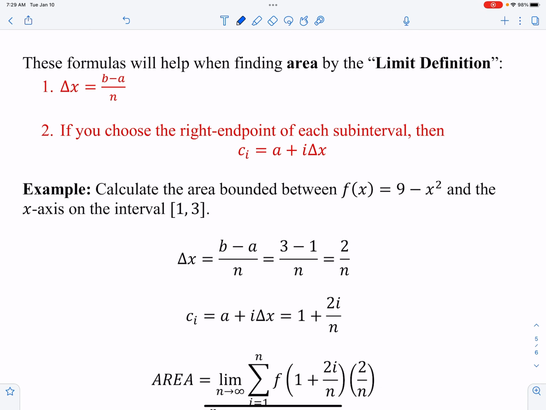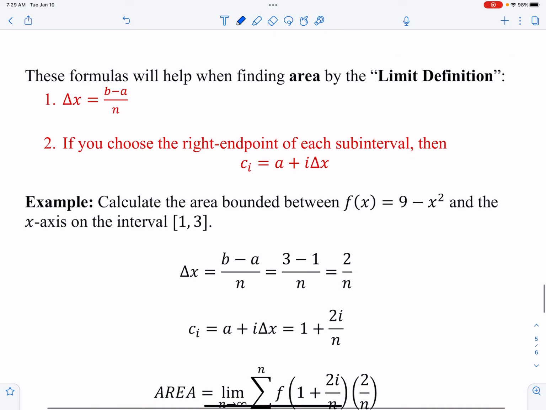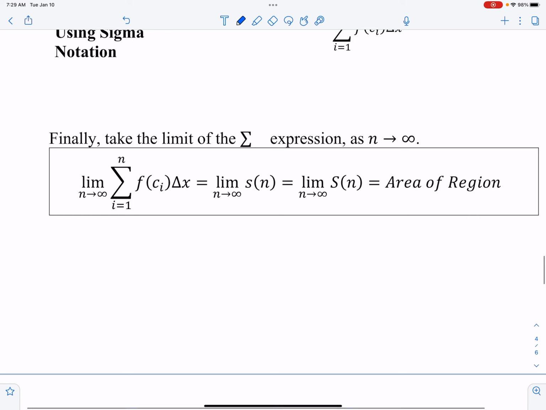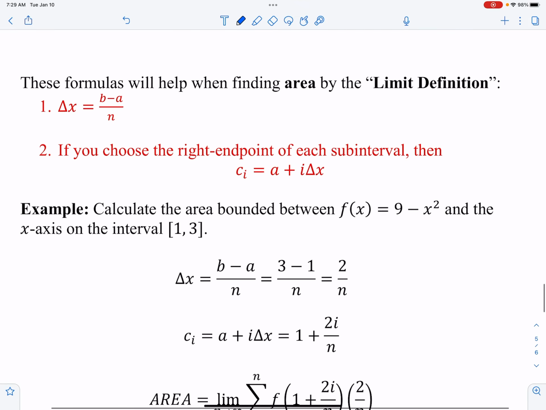These formulas will be helpful for us using this limit definition. This is our limit definition of area of a region under a curve, bounded by a curve and the x-axis over a closed interval. So delta x will always be b minus a divided by n, and delta x, remember, represents the width of each rectangle.